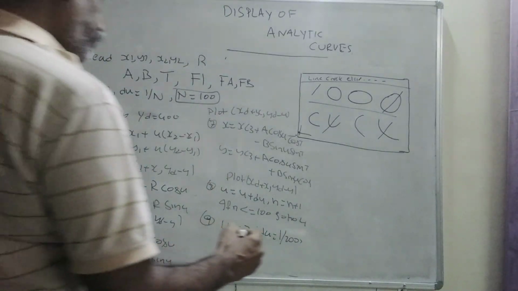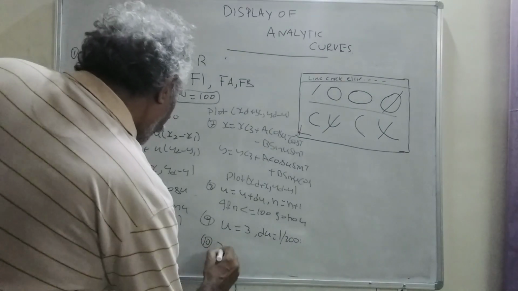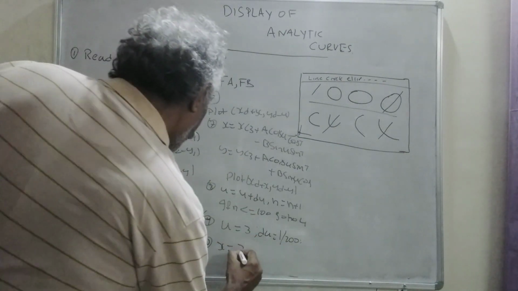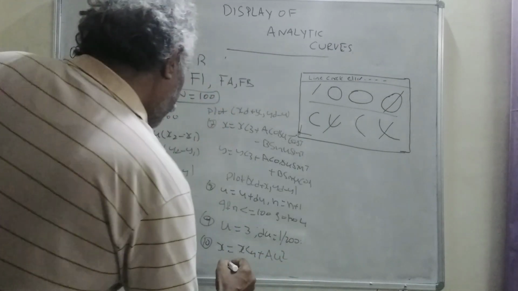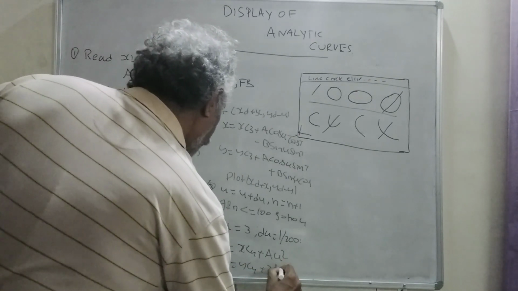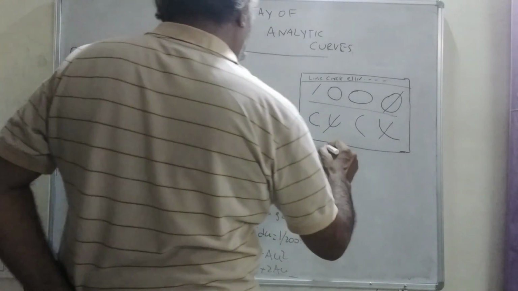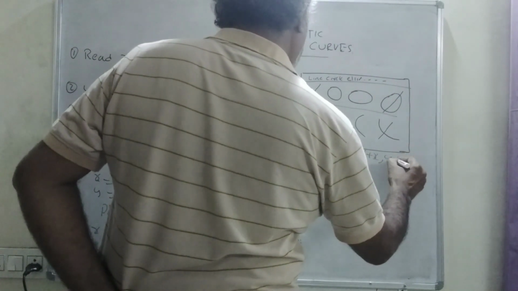And 10, x is equal to xc4 plus a u square, y is equal to yc4 plus 2a u. Okay, this is one thing. And plot xd plus x, yd minus y.